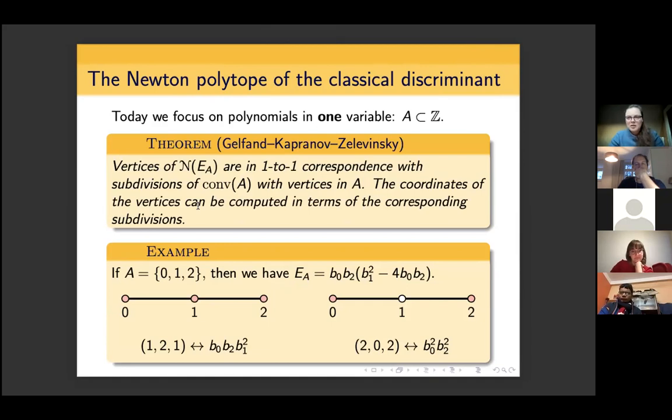In the multidimensional case, everything is true except that subdivisions would be changed into convex triangulations of the convex hull of A with vertices in A. And moreover, if in the multivariate case you would love to reformulate this theorem not for the A-determinant, but for the A-discriminant, then the one-to-one correspondence will be replaced by a surjection. And that's also important for the future.